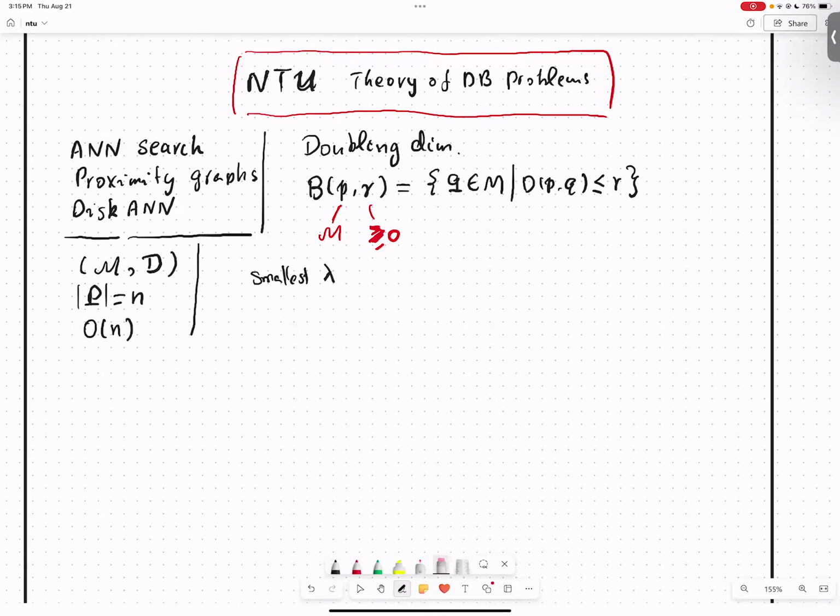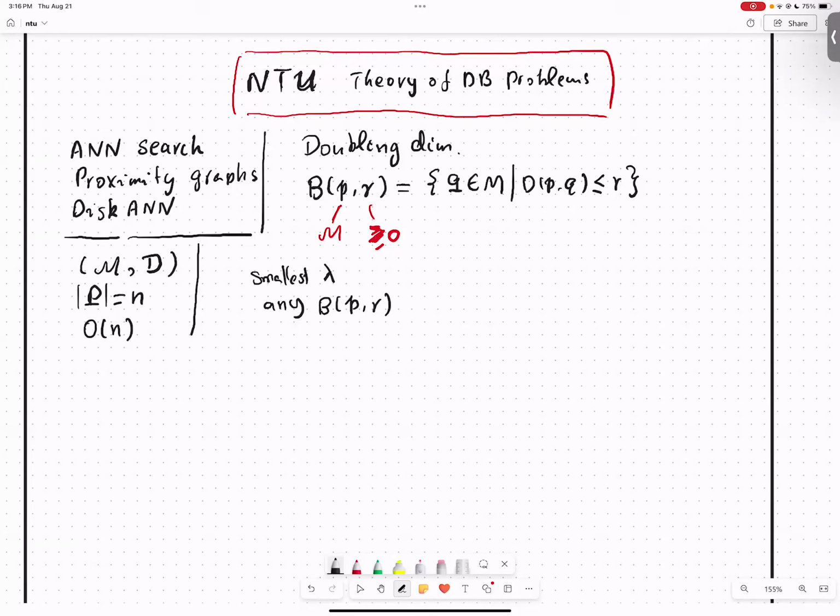The property says you take any ball of radius r. How many balls could you have? Possibly infinite, because this metric space, this M, could have an infinite size. You take any ball, and you ask yourself whether the following would happen.